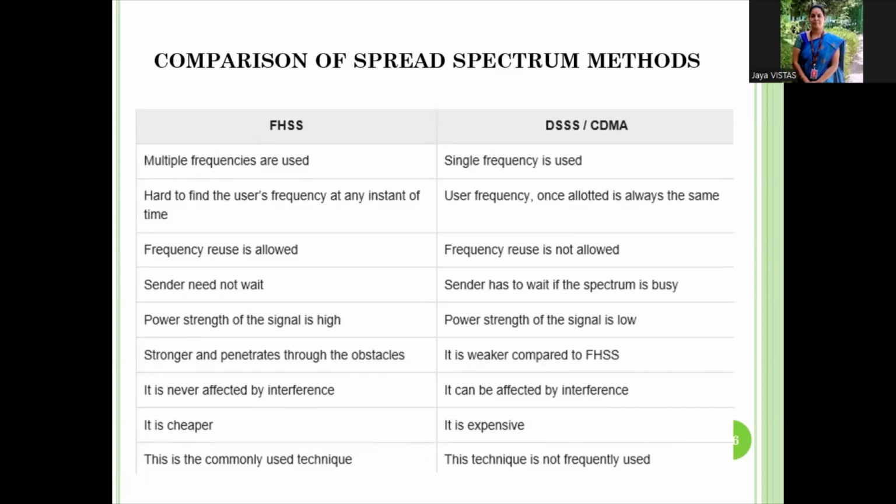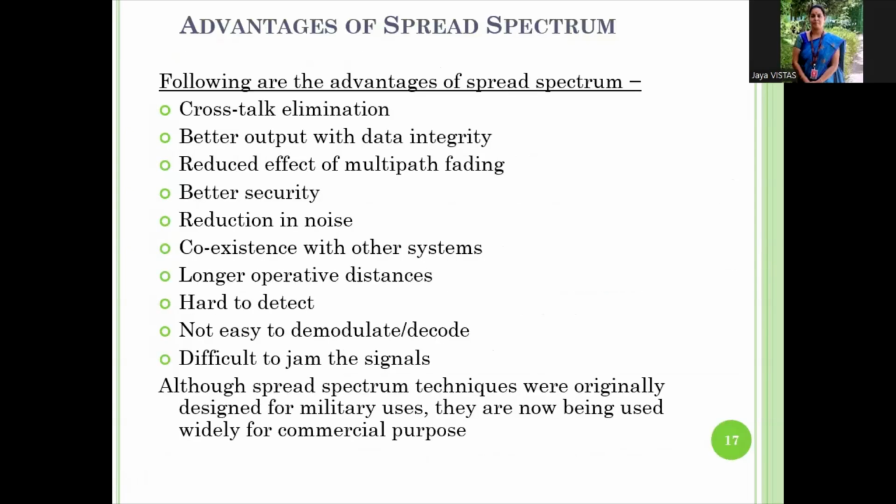So this is the comparison between frequency hop spread spectrum and direct sequence spread spectrum. Then, what are the advantages of using spread spectrum techniques? These are the following advantages: crosstalk elimination, better output with data integrity, reduced effect of multipath fading, and better security because it cannot be cracked easily. It also reduces noise, allows coexistence with other systems, and gives longer operative distance.